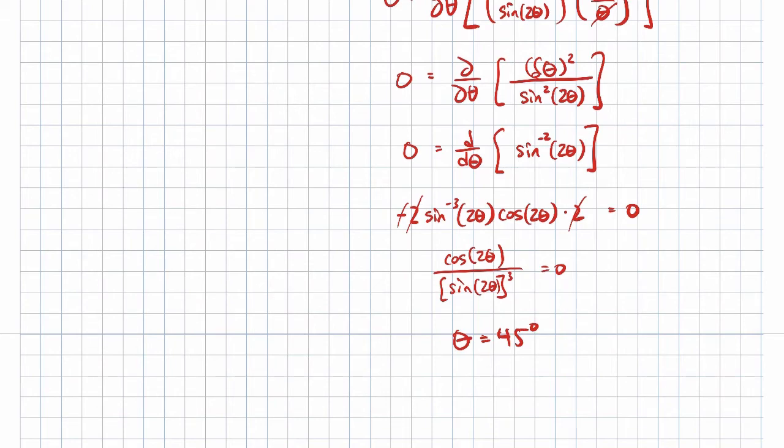And in the denominator, if you look at this, this won't make it go to 0, right? There's no way to make this go to infinity. So it only occurs when theta is equal to 45 degrees. Okay, so that's the angle at which we'll minimize our uncertainty in the calculation, right?